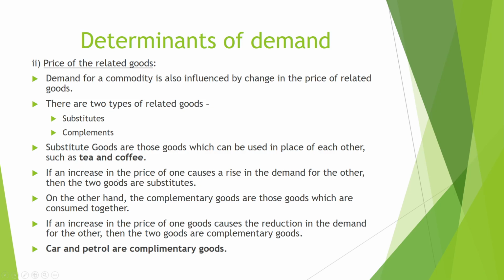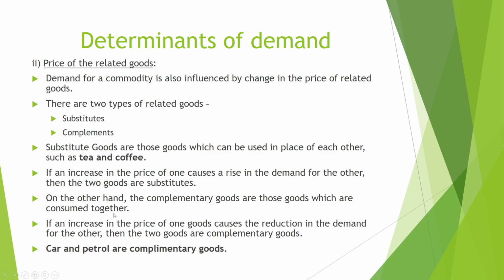If an increase in the price of one causes a rise in the demand for the other, then the two goods are substitutes. So this is the definition by which you will identify whether a good is substitute or complement. On the other hand, complementary goods are those goods which are consumed together.